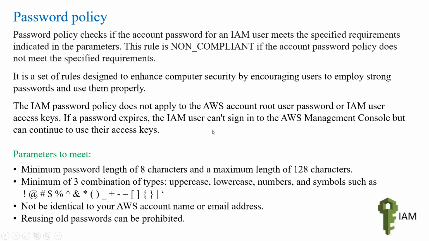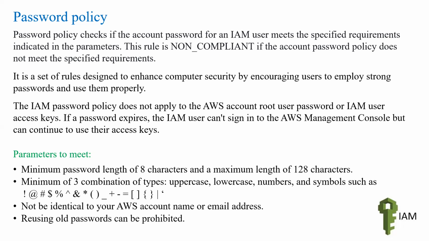So the next topic we have is password policy. We might have come across this password policy day in and day out, maybe while creating our Gmail account, Facebook, Twitter, or if you are in a corporate environment, every 60 or 90 days your password will expire. This is the password policy that we can set in the AWS environment also.